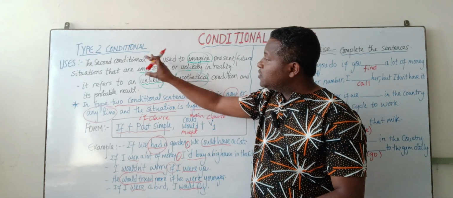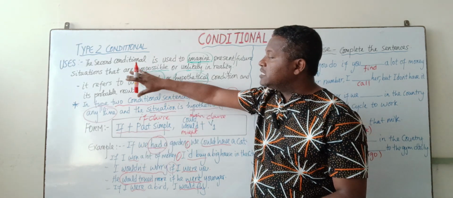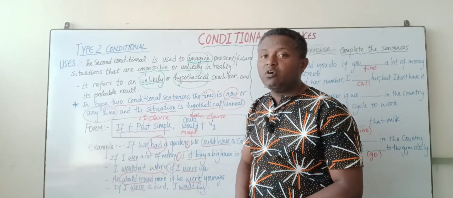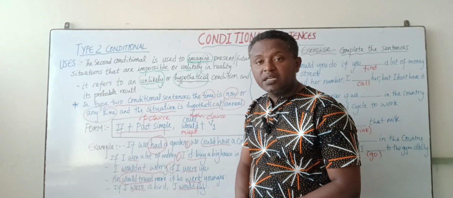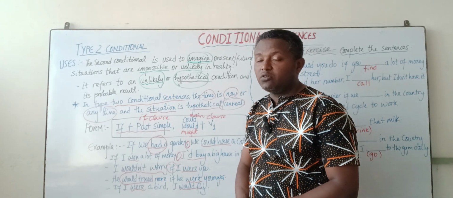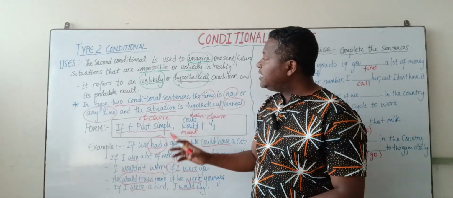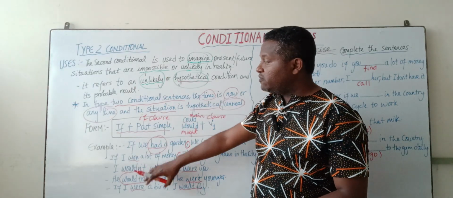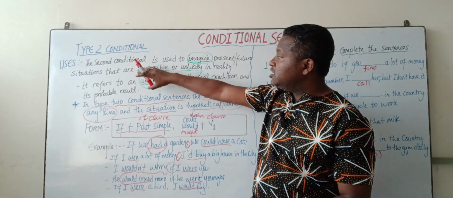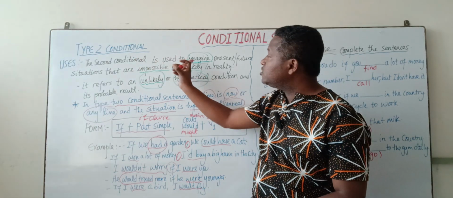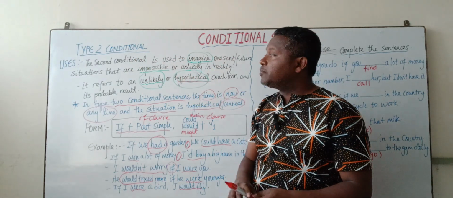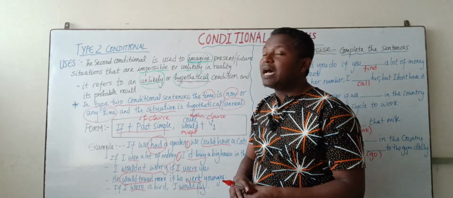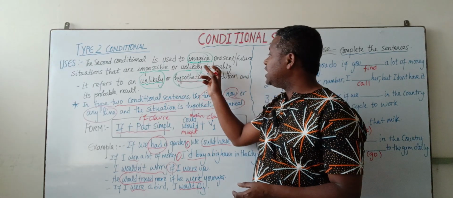So generally, what we have seen here is the use and the form and some examples of the second conditional or type 2 conditional. Before we move on to the exercise, I want you to have a look at them quickly. The second conditional is used to imagine a present or future situation that is impossible or unlikely in reality.